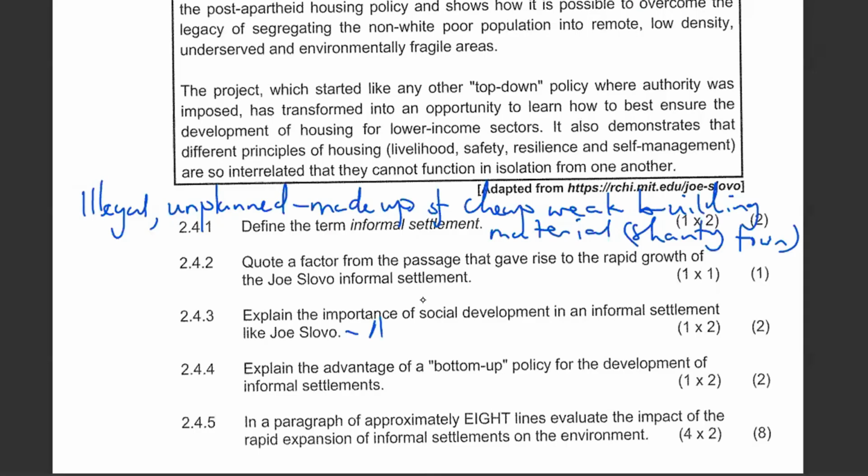It enhances access to basic services, the basic services which are required for human survival. Then you can also look at, it's important because it assists in job creation. Then you can also argue that it helps in upgrading housing.